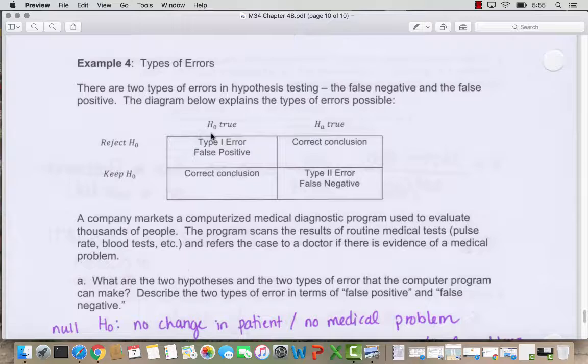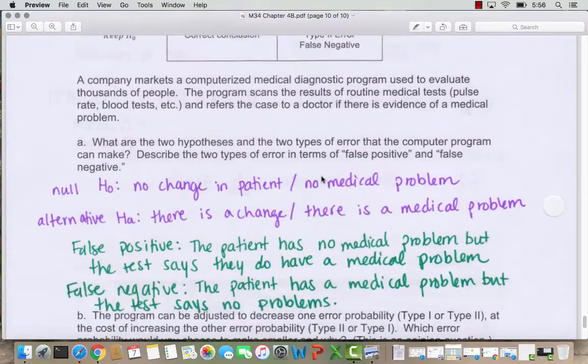That error is called a type 1 error or a false positive. If the null hypothesis is true and you keep the null hypothesis, meaning you fail to reject it, that's the correct conclusion, so that's not an error. The other type of error that can occur is if the alternative hypothesis is true, but you keep the null hypothesis. That's what we call a type 2 error or a false negative.